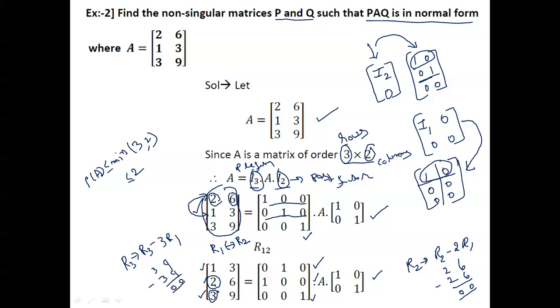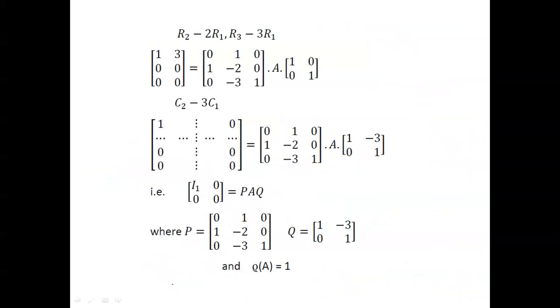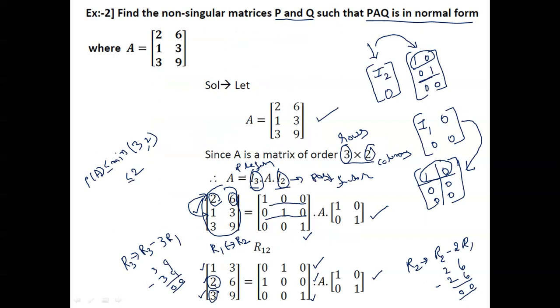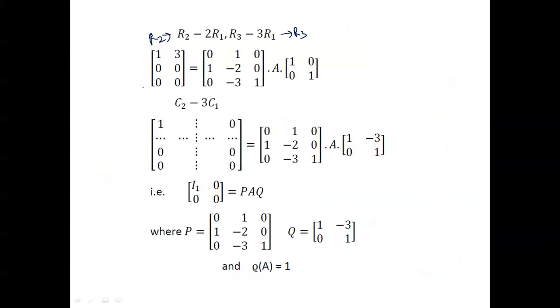That becomes 0. So here we have applied R2 tends to R2 minus 2 R1, R3 tends to R3 minus 3 R1. We get 1 3, which is the same, and 2 6 becomes 0, 3 9 becomes 0. This is clearly observed in this slide.